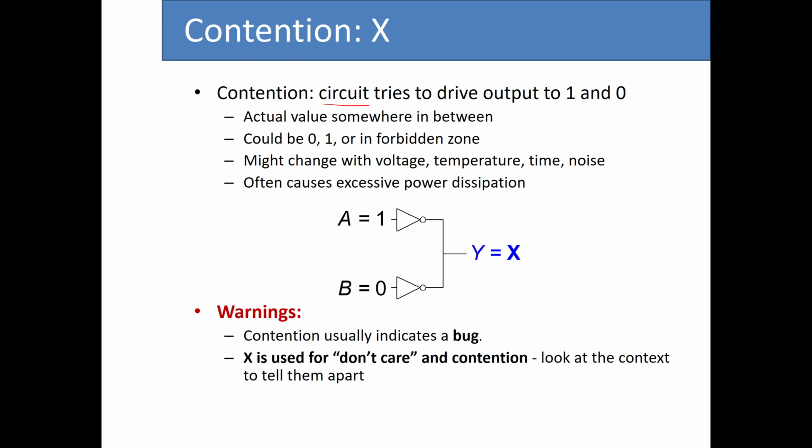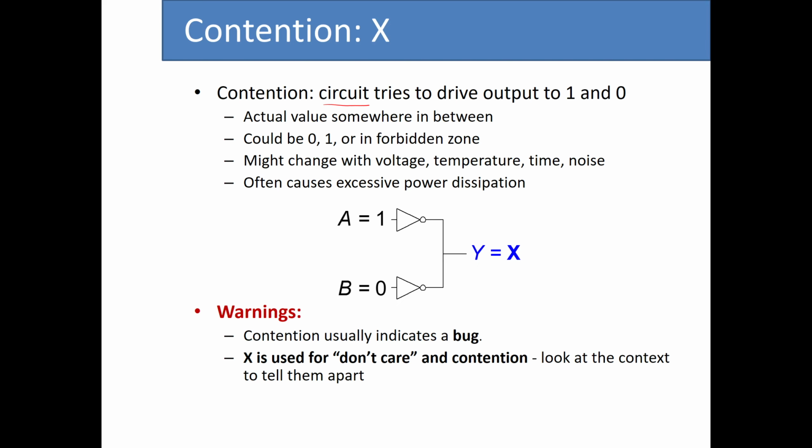You have one output, but it is connected to both VDD and ground at the same time. You remember when we used transistors to build logic gates? At any given time, the output was either connected to ground or connected to VDD, but not simultaneously to both, right? If that happens, that is what is called contention.